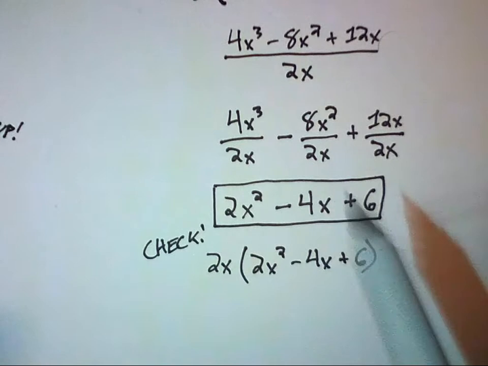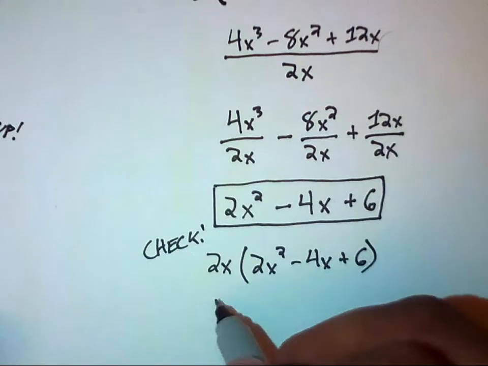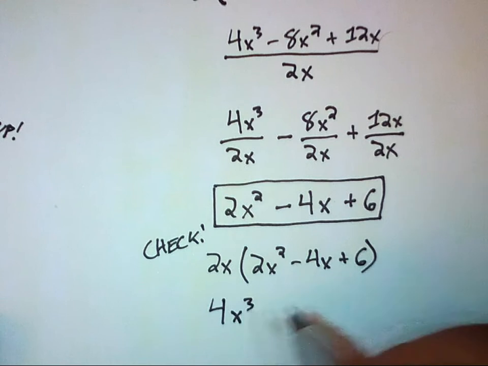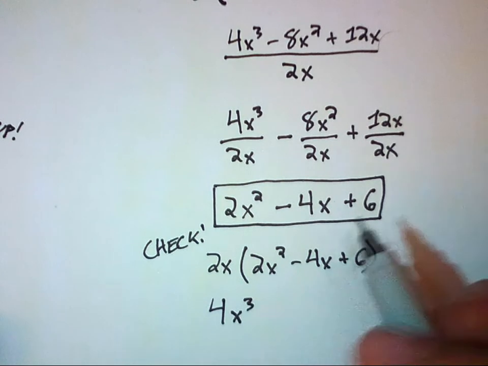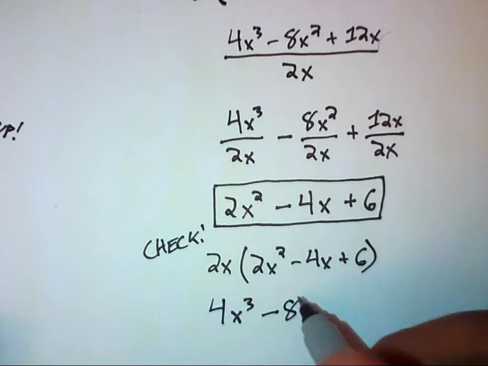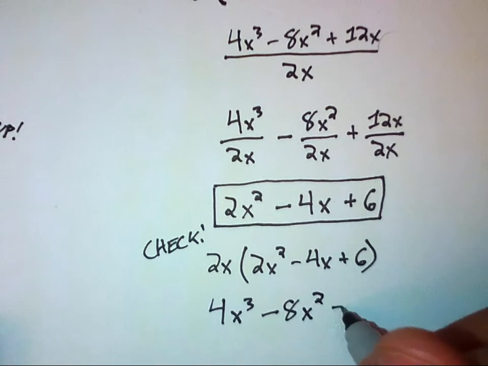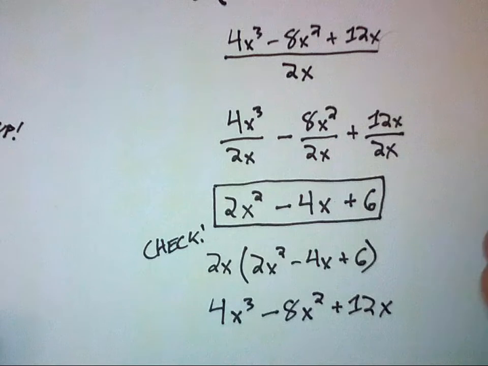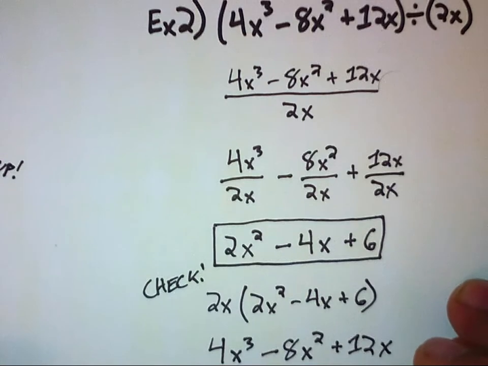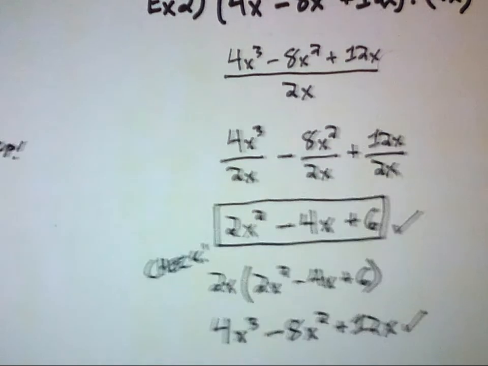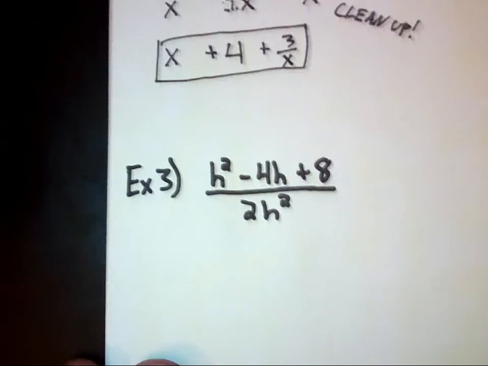So let's take a quick look. 2 times 2, that's 4, and x times x squared is x cubed. So we're going to do 2 times negative 4, which is negative 8, and x times x is x squared. Then 2 times 6 is 12, and x times, well, nothing is x. And if I go back and look, you can see I've got the same answer, so I'm right. This is the answer. Now, let's do one that's a little bit more complicated to finish it up here.